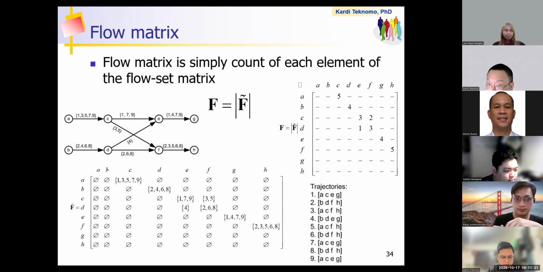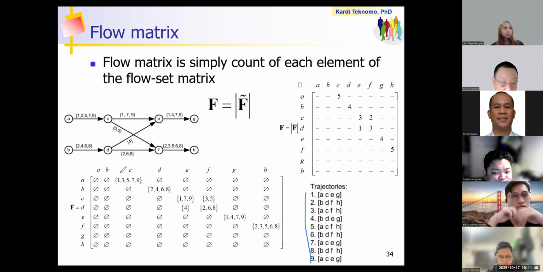So once you have the result, I have 9 trajectories, and I assign them one by one. Anyway, this is called a weaving section. When you have a U-turn or a roundabout, you always have a weaving section like this.